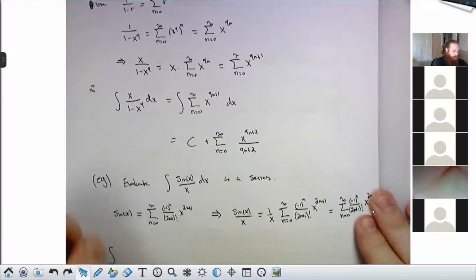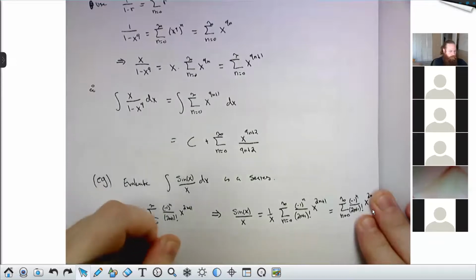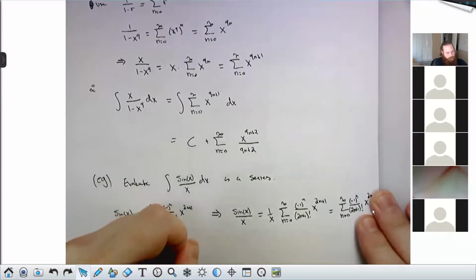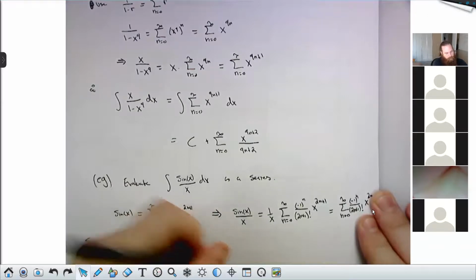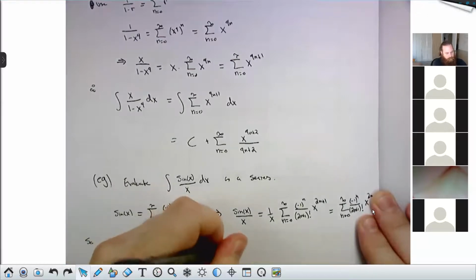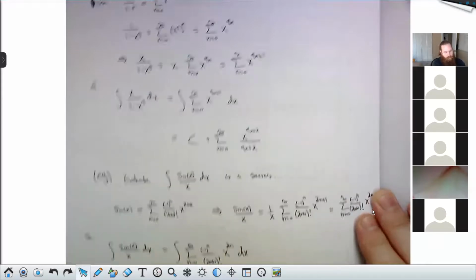So the integral of sine x over x is the integral of sigma n from 0 to infinity, -1 to the n over 2n plus 1 factorial times x to the 2n dx.